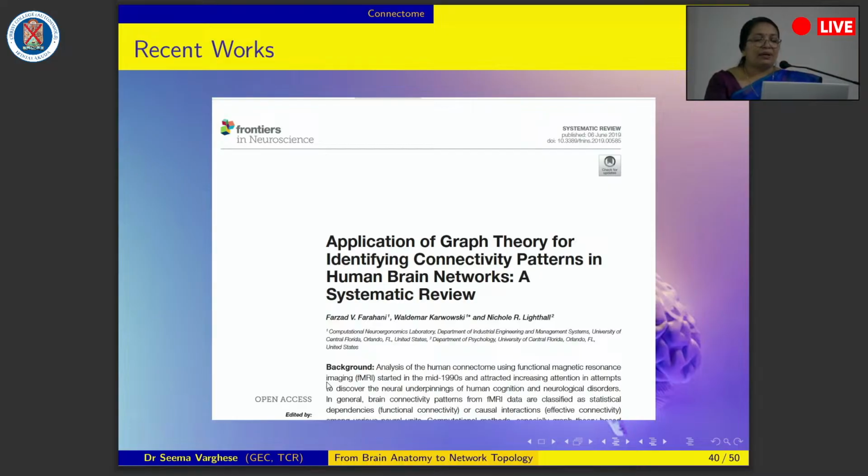And this is another paper, application of graph theory in identifying connectivity patterns. And all these papers are done by neuroscientists, and none of them is by a mathematics person. Recently in Chennai, I think in IIT Chennai, one paper was there.